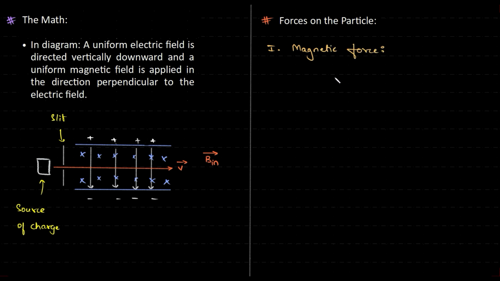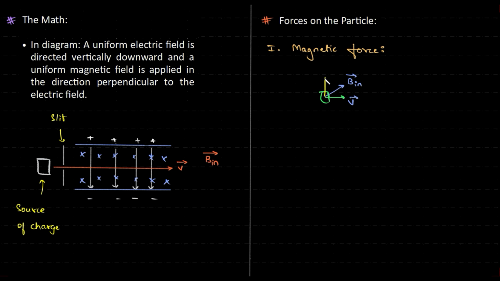I'm going to draw the free body diagram. So you need not do so for your exams. This is only for understanding. Now we have the velocity this way. Magnetic field is inward, right? This is your velocity. This is B in. So as per your right hand palm rule, we'll have the force upward.